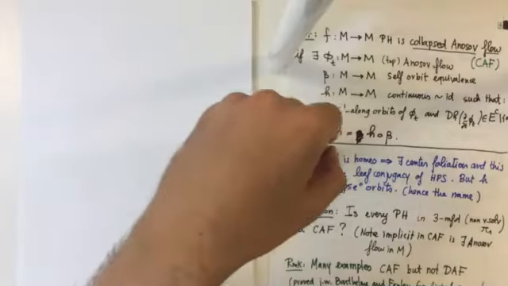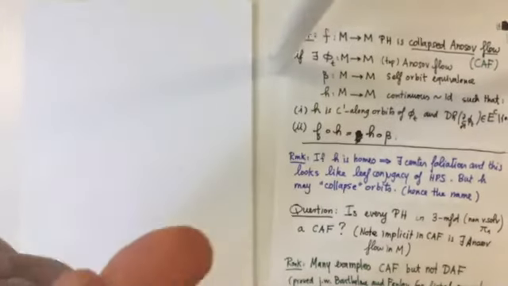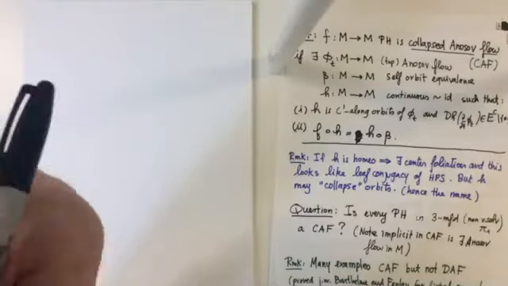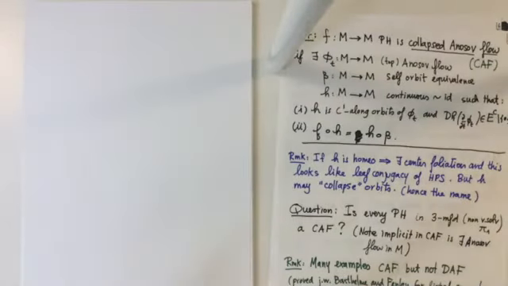So it's a semi-conjugacy. So h may collapse things, but the collapsing is rather controlled. So let me make a drawing of what could happen.